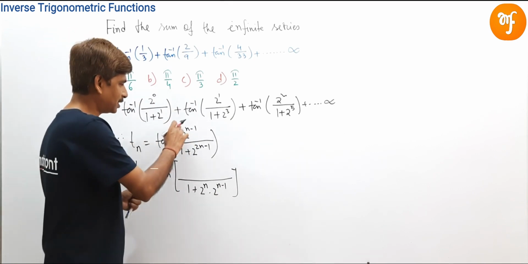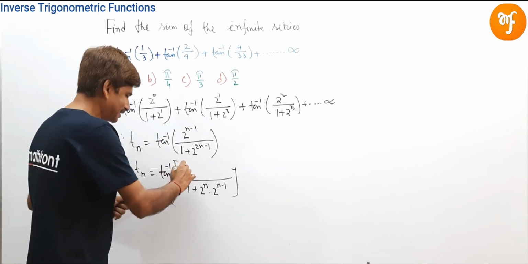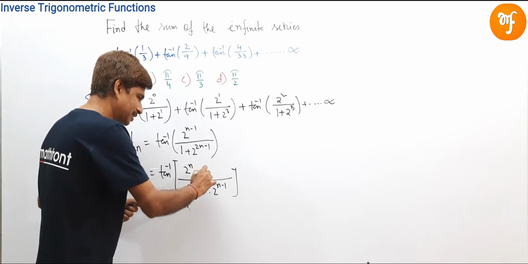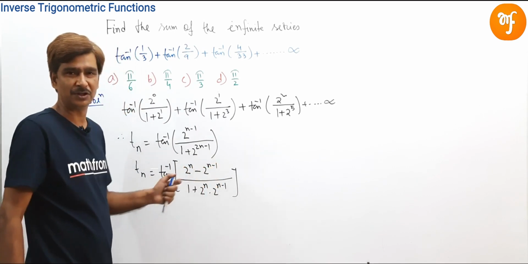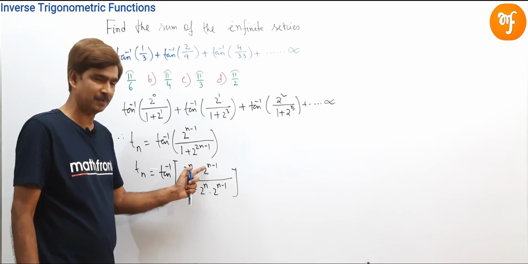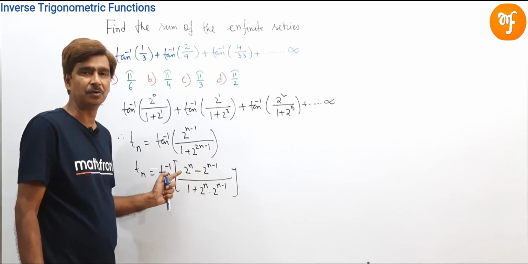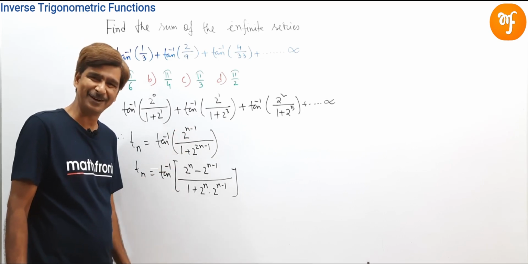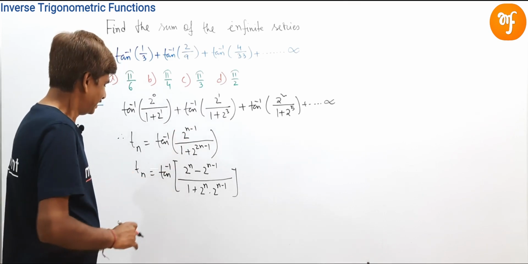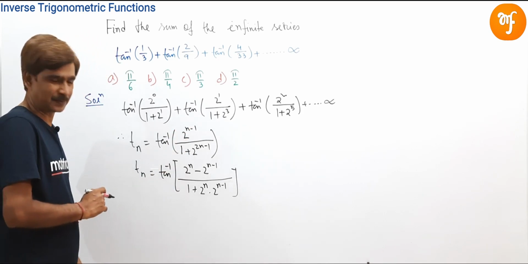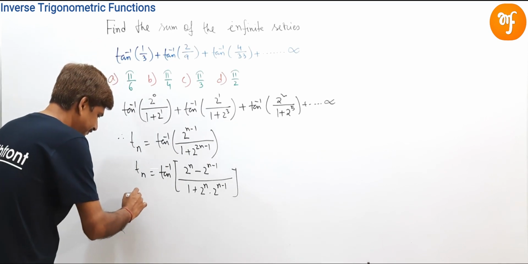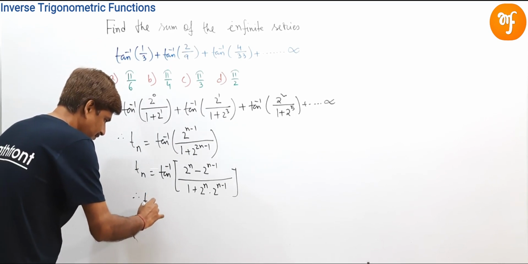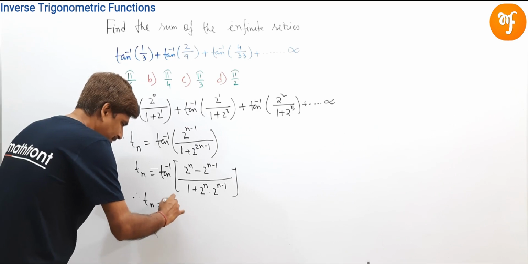So this 2 to the power n minus 1 can be written as 2 to the power n minus 2 to the power n minus 1. If you want to check it, just take common 2 to the power n minus 1 at the numerator. It will be 2 to the power n minus 1 into 2 minus 1, that is 2 to the power n minus 1. Got it? Okay. So Tn can be expressed as tan inverse of x.